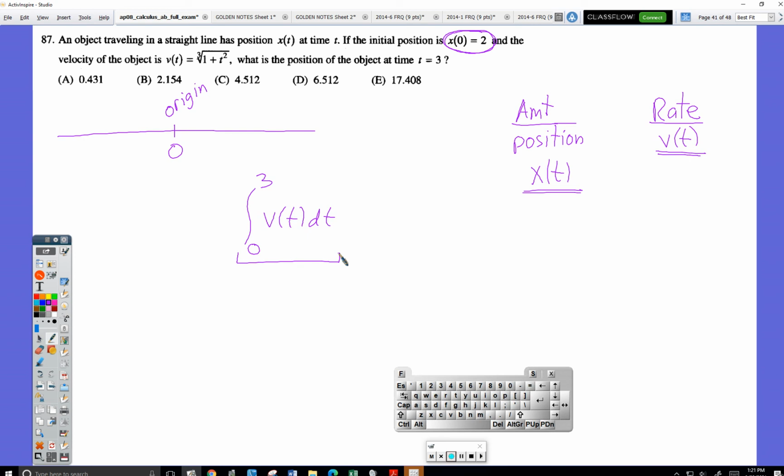Now tell me if you can, and if you can't, it's fine: what does the 4.512 represent? The position from 0 to 3. It's not the position from 0 to 3. It's how different the position is between 0 and 3.